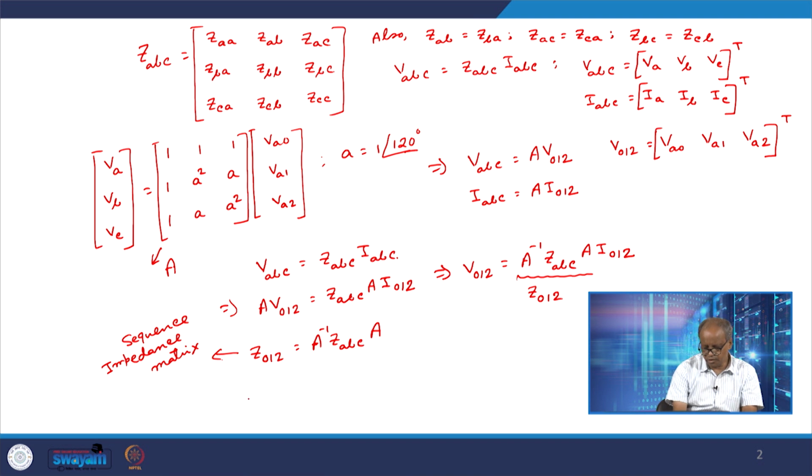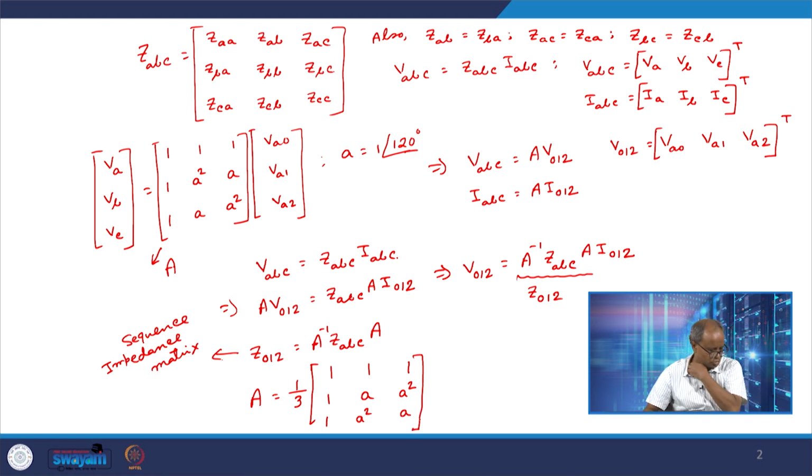Also we know the following relation, that the inverse of this matrix A is given by 1 by 3 into 1 1 1, then 1 A square A, then 1 A A square. This is also known to us. So this is A inverse. Now we will use this expression of A inverse ZABC A to calculate the matrix Z012.